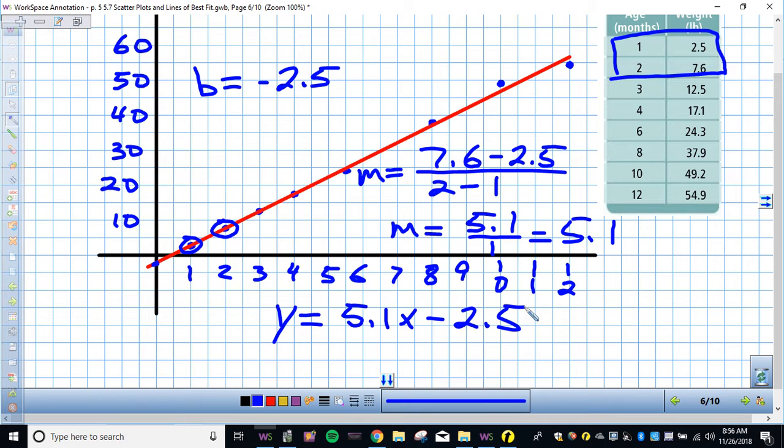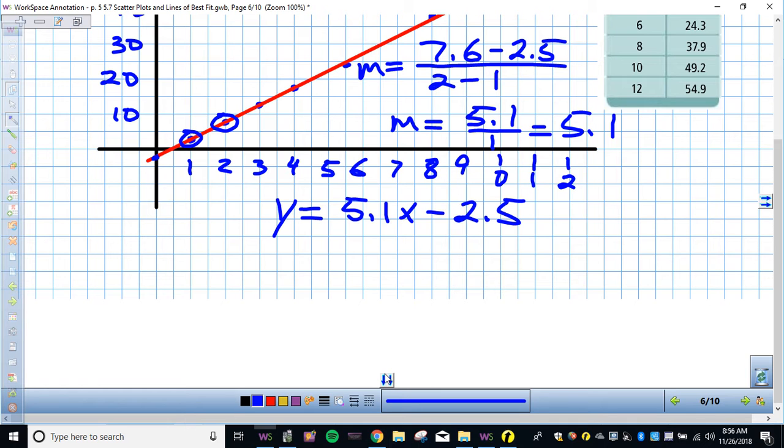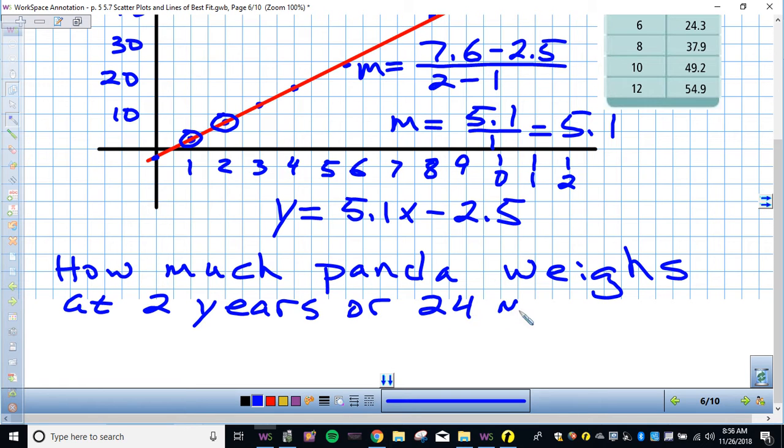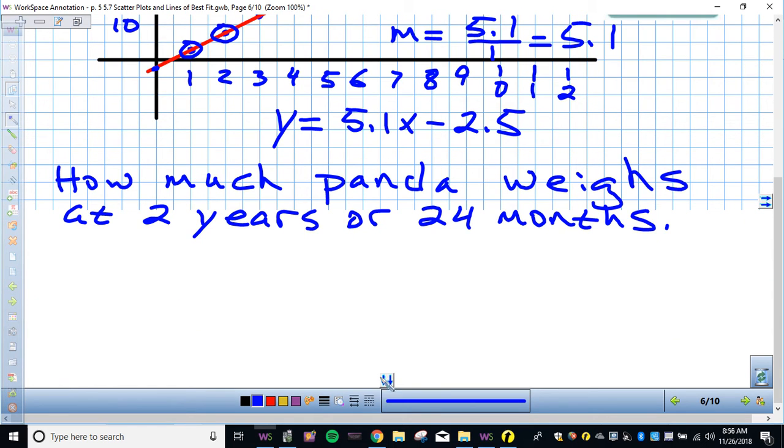Now let's say I wanted to know this, because you'll have this additional question on your test. I want to know how much the panda weighs at 2 years or 24 months. So 5.1, right?